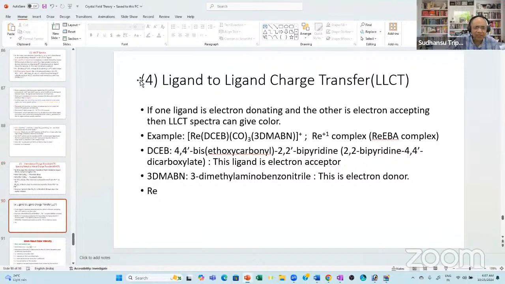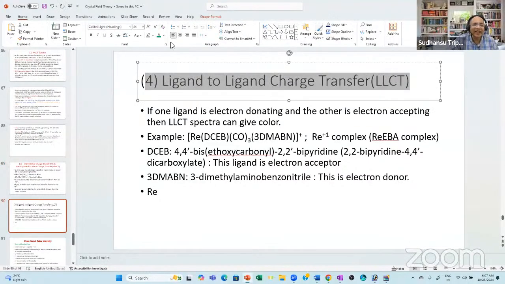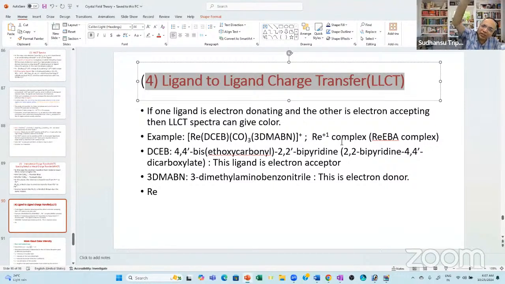But there are very few cases where there is LLCT. This is a hi-fi case, where some very complicated complexes involve a ligand belonging to a donor type and another ligand belonging to the acceptor type, like a Re complex. It is a rhenium plus 1 complex using a very unusual ligand DCEB, which is 4,4-bis ethoxycarbonyl 2,2-bipyridine, and the other one is 3-DMABN, that is 3-dimethylaminobenzonitrile.